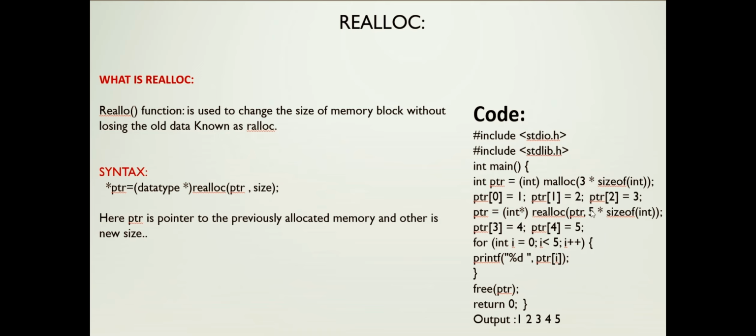So 4 and 5 are the two data which will be stored at array indexes 3 and 4. We are printing 1, 2, 3, 4 and 5 using a for loop, int i is equal to 0, i is less than 5.